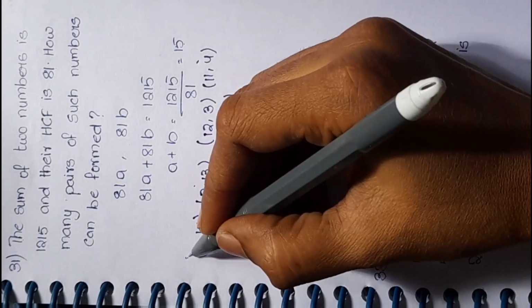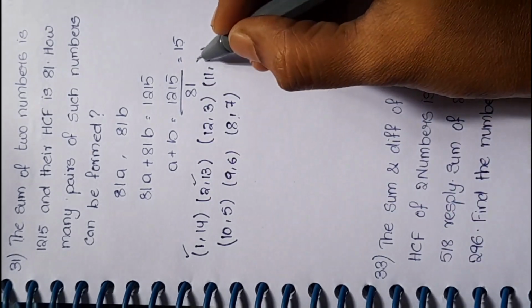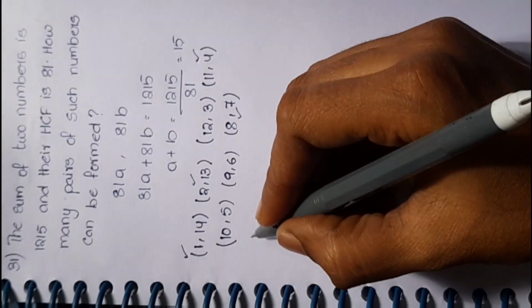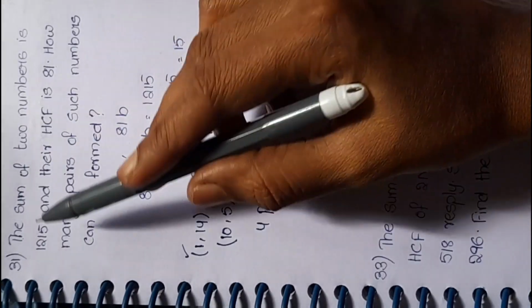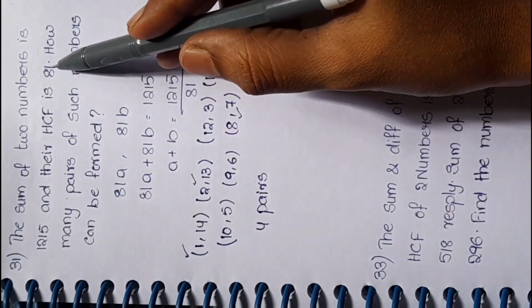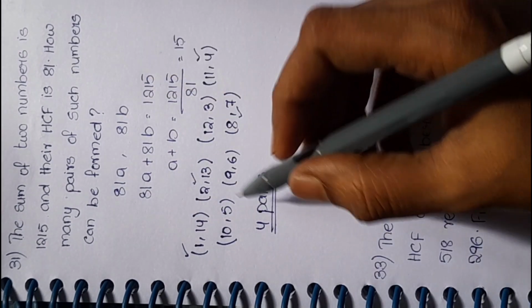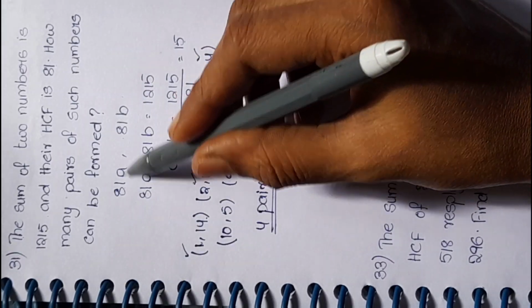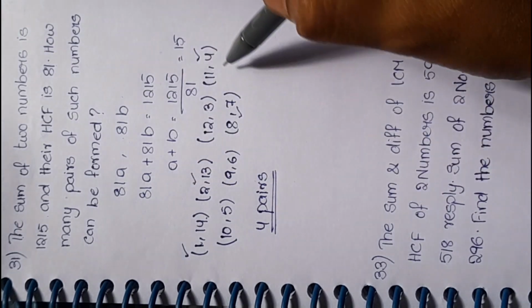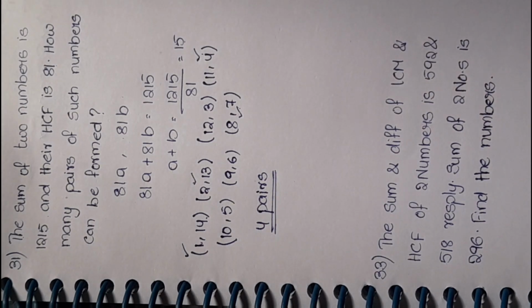Among these 7 pairs, only 4 pairs, that is 1 and 14, 2 and 13, 11 and 4, 8 and 7, are co-primes. So there are 4 pairs whose sum is 1215 and their HCF is 81. To find the values, we can substitute 81 into 1, 81 into 14, 81 into 2, 81 into 13. The same way for these two pairs also.